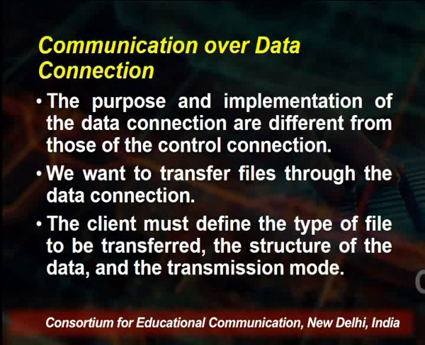When two systems are transferring data, we had seen initially that this is a problem: the file structure may be different, the file naming conventions may be different, the way directories are stored may be different.